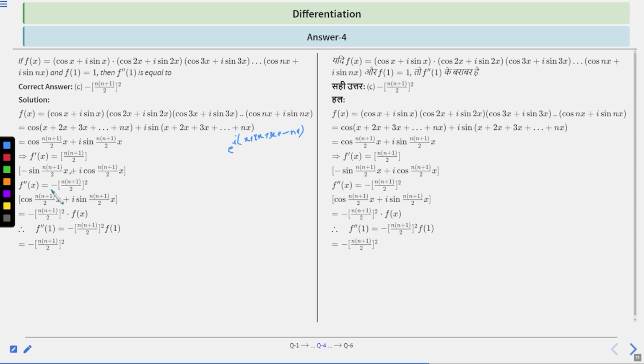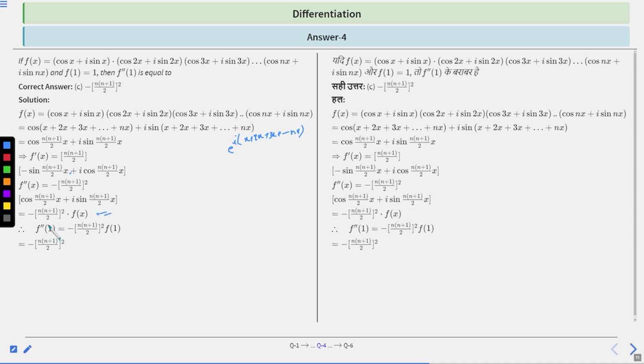Therefore, if we differentiate it again, f double dash x will be minus of (n into (n plus 1) by 2) square into (cos (n(n plus 1)/2 x) plus iota sin (n(n plus 1)/2 x)), which is equal to minus of (n into (n plus 1) by 2) square into f(x). Clear? Now, f double dash x is this one.